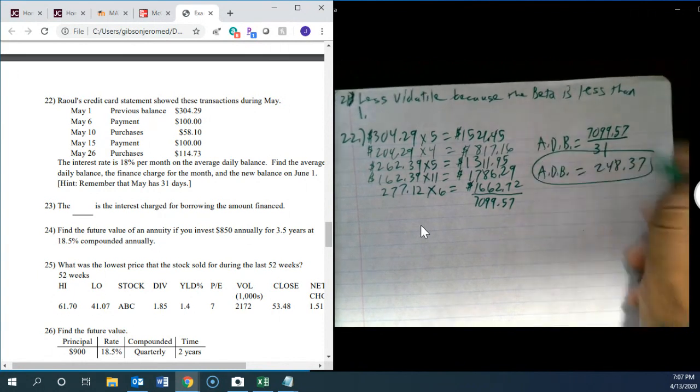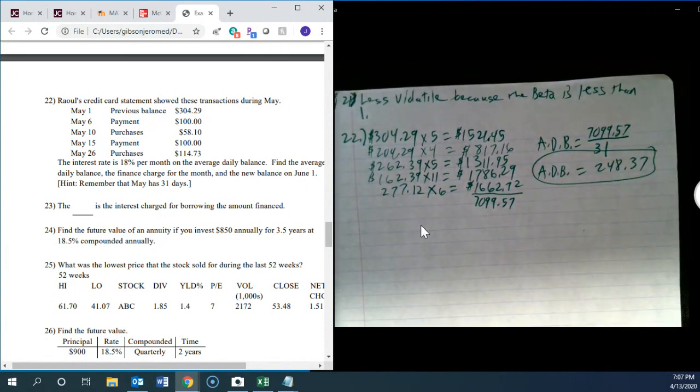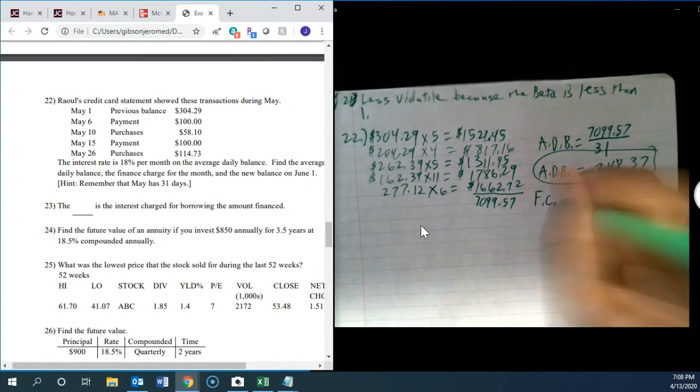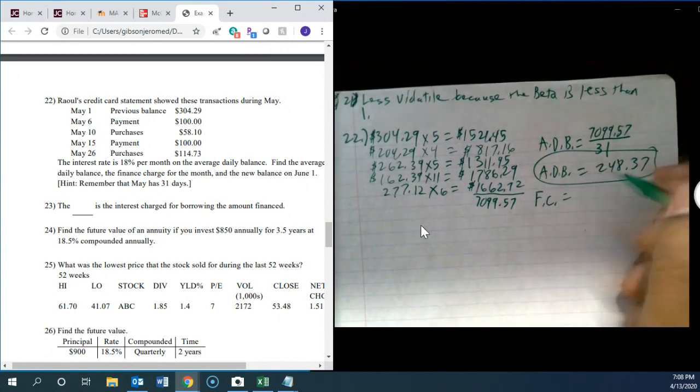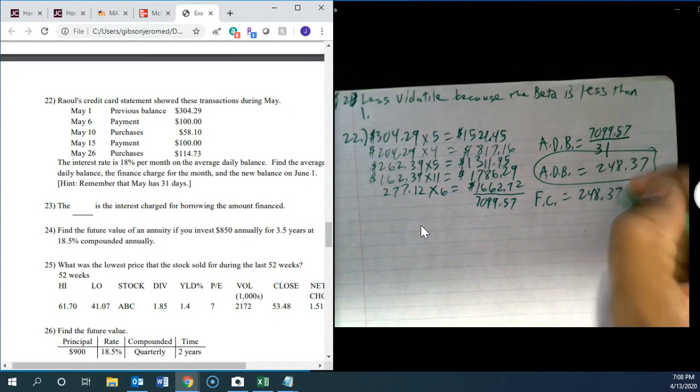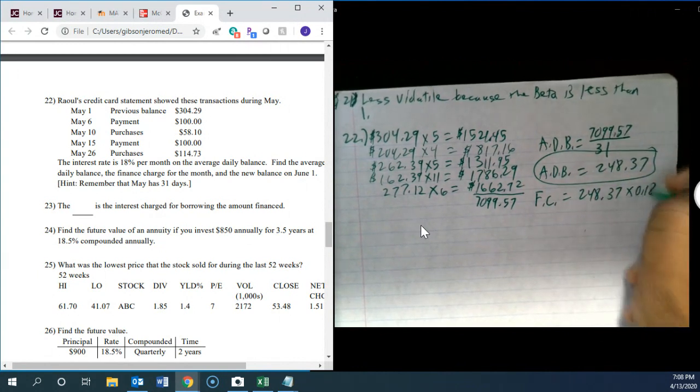So that's part one of our answer. Part two of our answer, it tells us that the interest rate is 18% per month. So we need to find the finance charge. The finance charge is your average daily balance, which is $248.37 times the 18%.